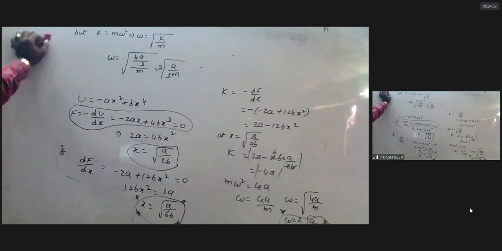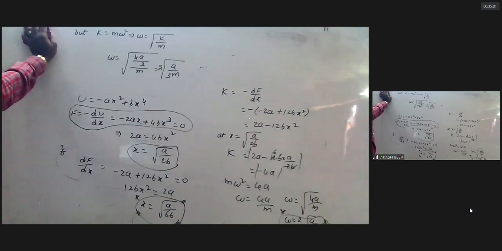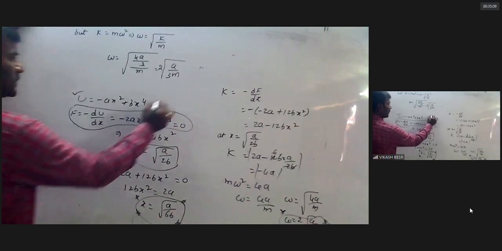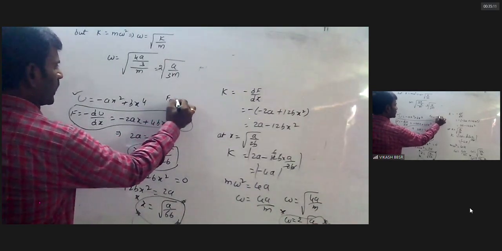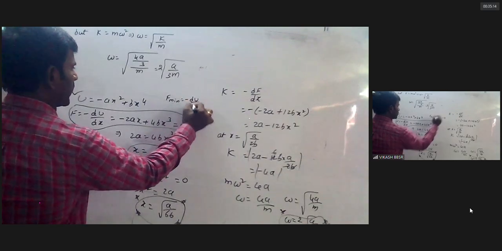What condition we need to follow here? See all of you, just concentrate on board. You value this. F minima, minus du by dx equal to 0.